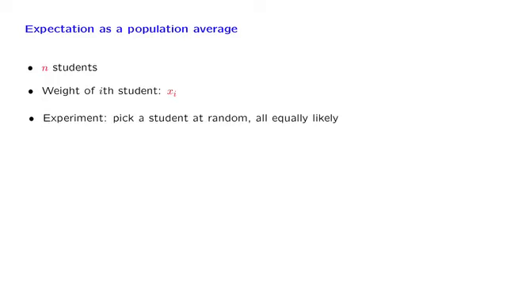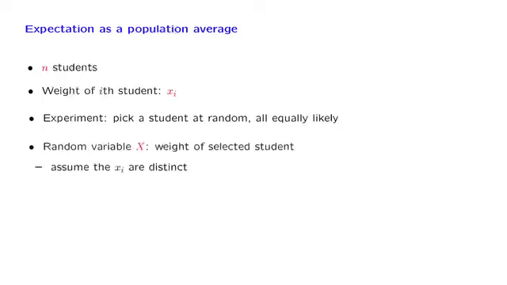And we now close this segment by providing one more interpretation of expectations. Suppose that we have a class consisting of n students and that the ith student has a weight which is some number xi. We have a probabilistic experiment where we pick one of the students at random, and each student is equally likely to be picked as any other student. And we're interested in the random variable x, which is the weight of the student that was selected.